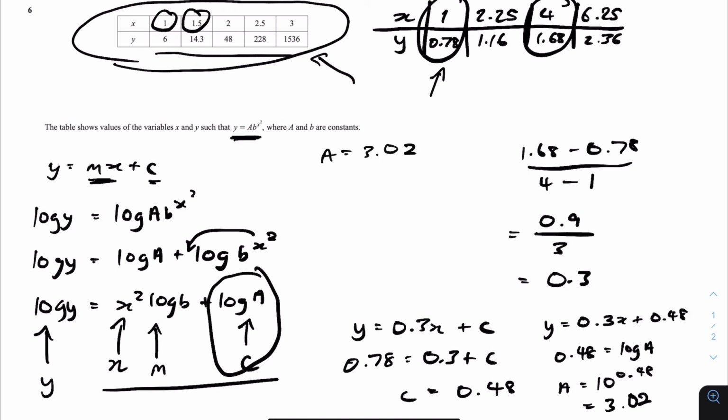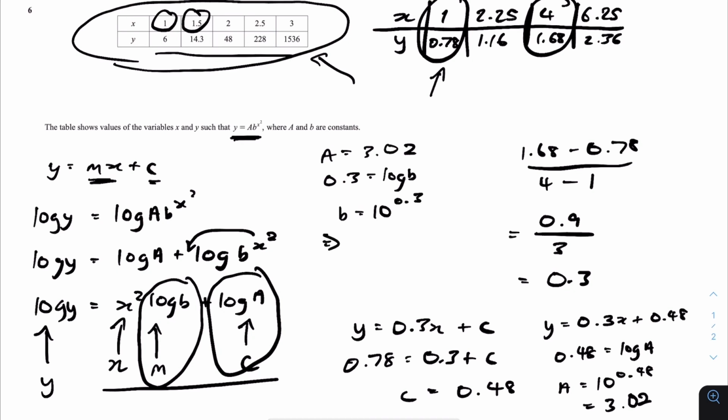And let's find now what the value of b is. So we can see that our gradient is 0.3, but that's also equal to log b as per this. So we equate the two. So 0.3 is equal to log b, which means that b is equal to 10 to the power of 0.3. We did the same thing with both of them because they're both in logarithms, and we can actually just raise them to the power of 10.